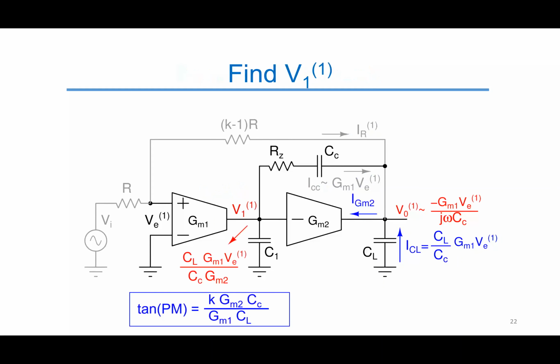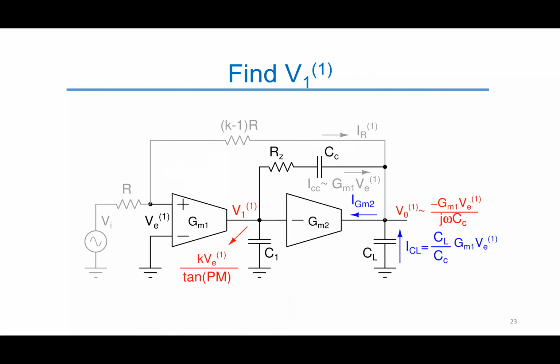Since this current flows into GM2, the input voltage of GM2 equals Cl times GM1 times VE over Cc. Recall that this voltage is nothing but K times VE over tan of the phase margin of the loop. This is an important observation, since it implies that the swing at the input of GM2 depends strongly on the negative feedback factor K and the phase margin of the loop.